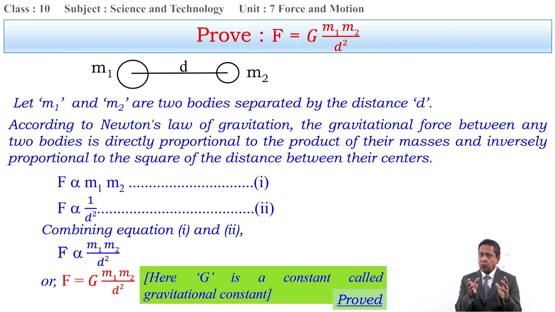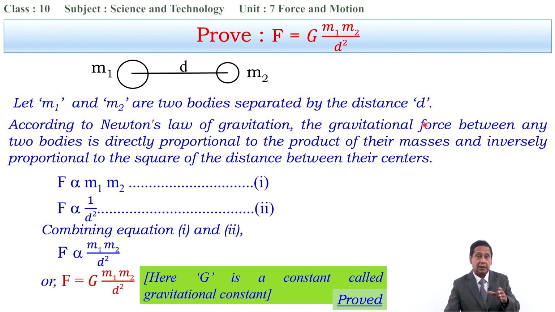What we did just now, we proved one equation, F equal to G m1 m2 by d square. How did we get this equation? It is derived using Newton's law of gravitation. And this equation is very important because we can calculate the gravitational force between any two bodies of this universe.